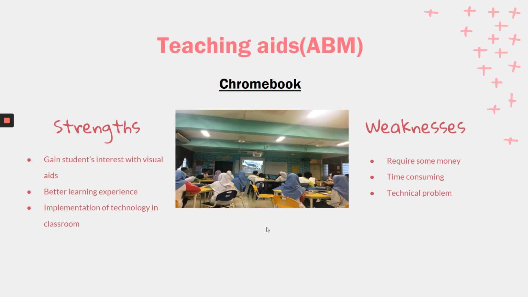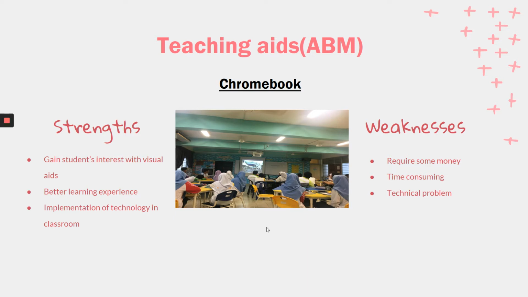So next is teaching aids. I observe the teaching aid is Chromebook. The strength of Chromebook is implementation of technology in the classroom and gaining student interest with visual aids such as videos, slide presentations, posters, games, and many more.